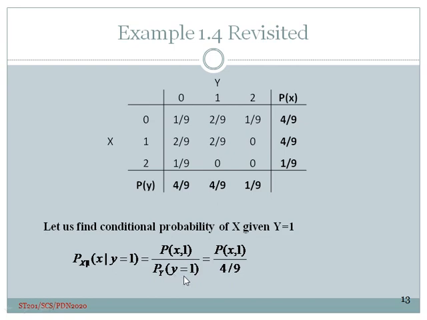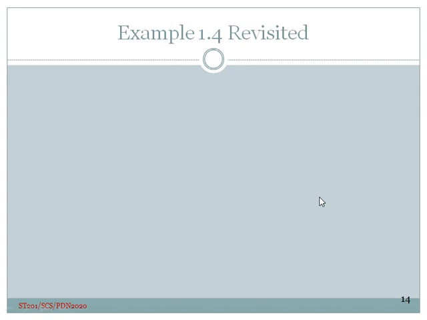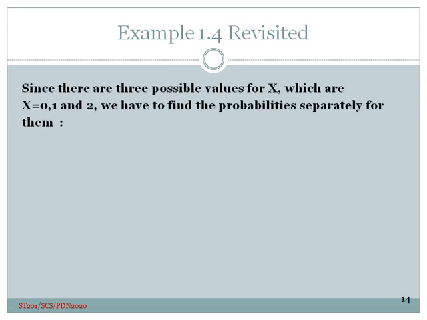Since the probability y equals 1 is 4/9 from the PMF, we can apply that value for the denominator straight away. But for the numerator, x can contain 3 possible values, that is x equals 0, 1 or 2. Hence, we do the calculation for all 3 values separately.